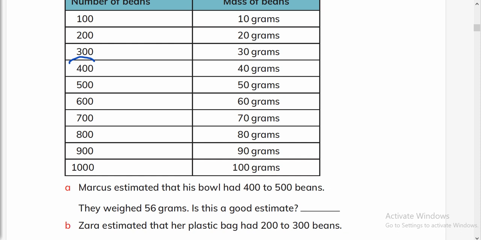He has 400 to 500 beans. So the mass should be 40 to 50 grams. And he is saying that he has 56 grams. Is this a good estimate? No, it is bad. It should be in between 40 and 50.